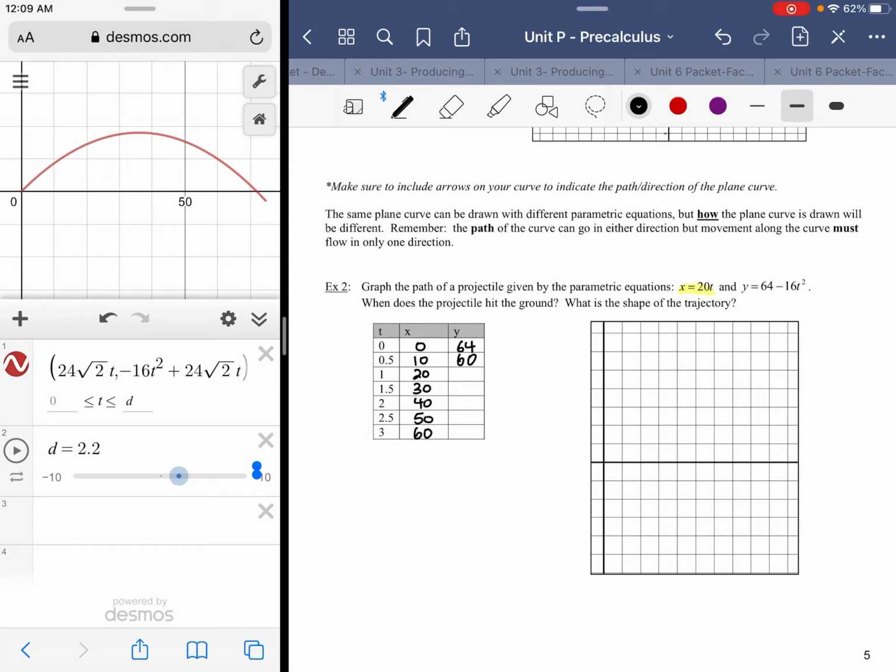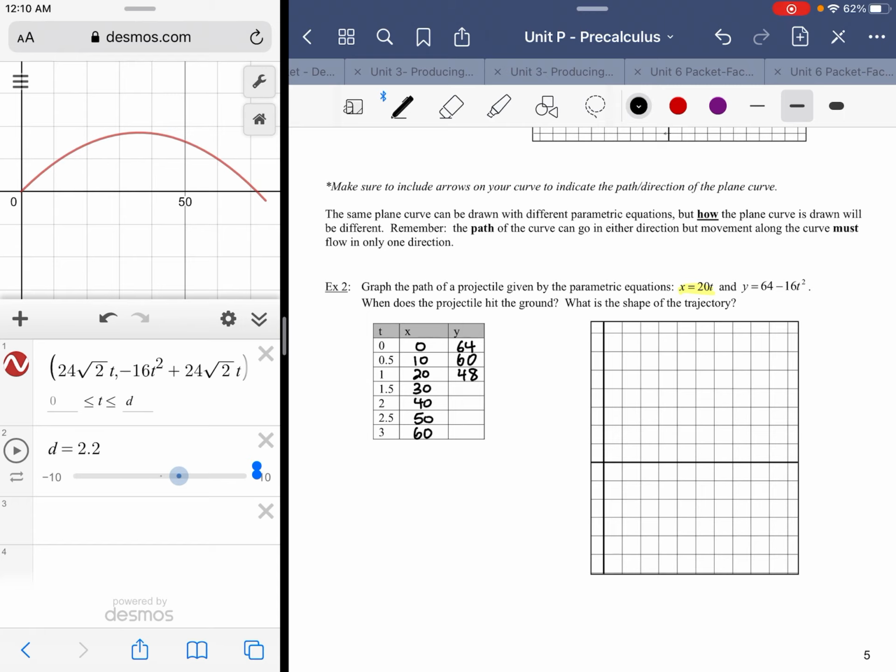All right, this is not linear, so we're going to have a variable slope. 64 minus 16, because 1 squared is 1. And this is going to be 48. 3/2 squared is 9 quarters. 9 quarters times 16. So 4 goes into 16 4 times. So 9 times 4, 36.